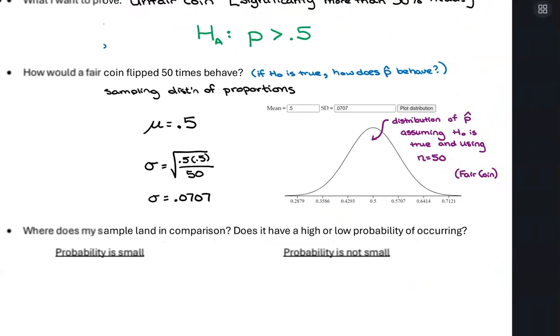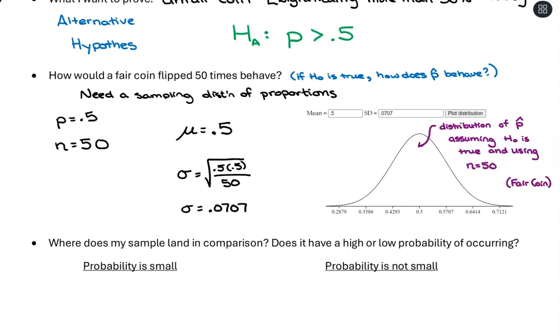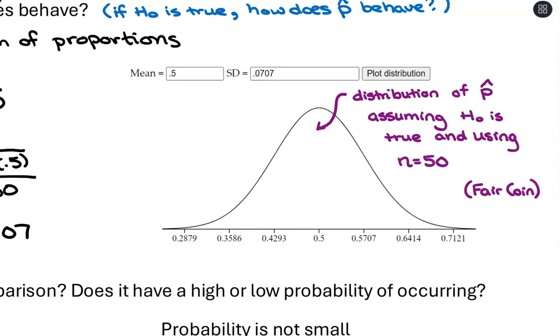So my next question: where does my sample land in comparison? Does it have a high or low probability of occurring? Let's check out where our specific sample proportion of 0.75 is landing, because we knew it was more than 50%, but how much more?